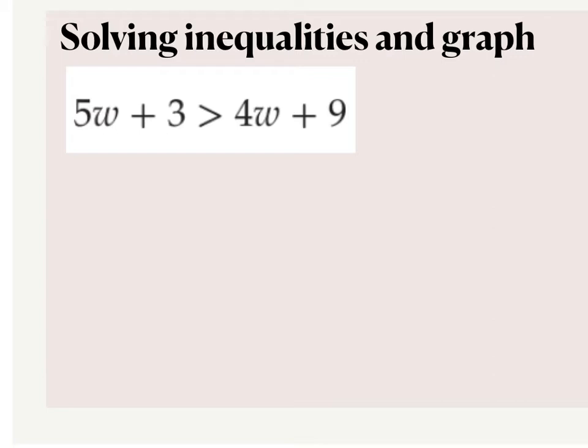For the b. We can subtract 4W to move it to the other side. So what's 5W minus 4W? W. Just W. So we have W plus 3 is greater than 9.